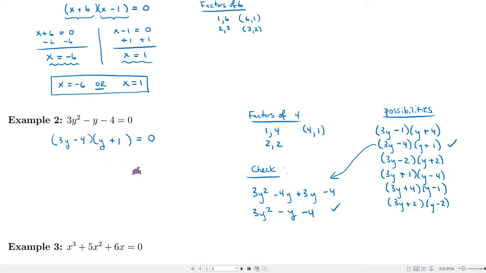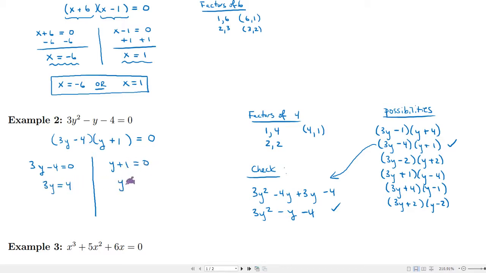And now how do we proceed? So now that you have factored it, the property of 0 says either this first factor is 0 or the second factor is 0. So we have 3y minus 4 is 0, or y plus 1 is equal to 0. And what does that say? Well, adding 4 to both sides gives us 3y equals 4.